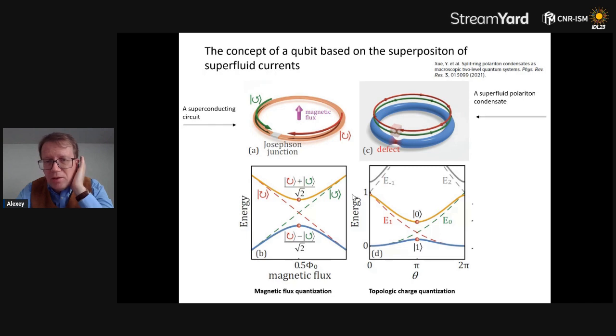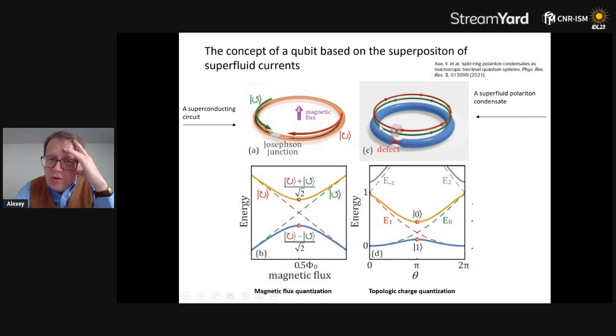Our exciton-polaritons are electrically neutral. But if you put them on a ring, they can be characterized by a phase. And this macroscopic phase of the whole ensemble of tens of thousands of particles must be a continuous function of the coordinate.